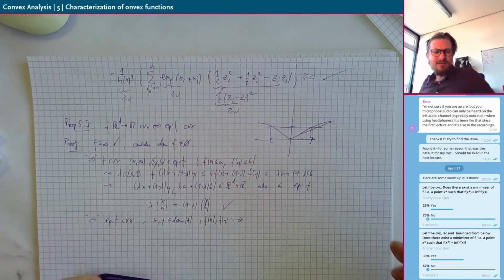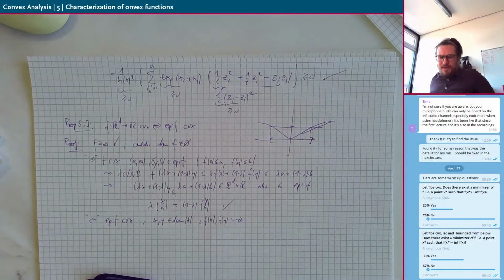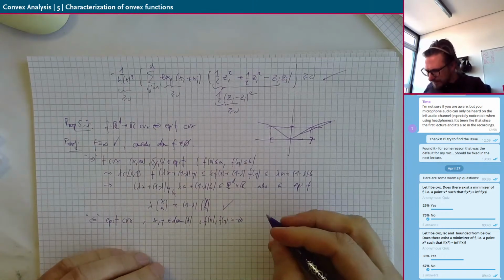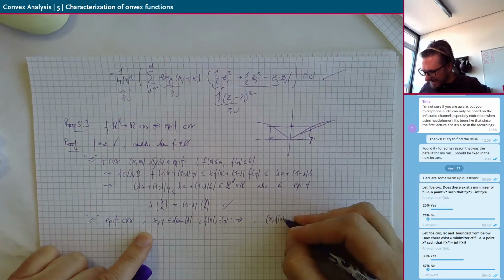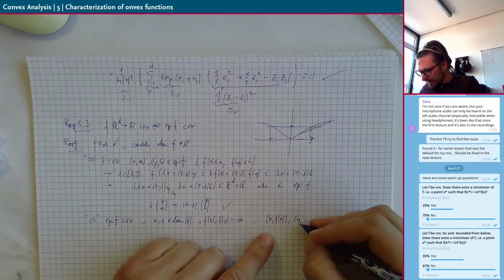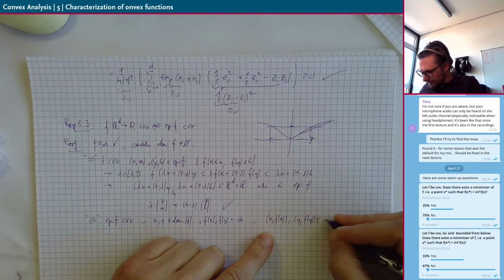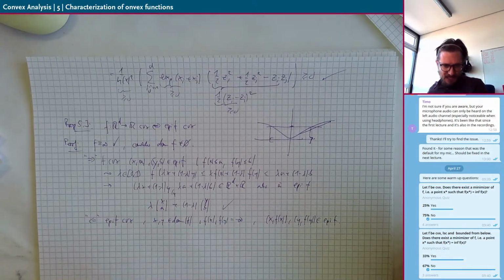Actually, we've seen that minus infinity is a very rare thing to happen for convex or lower semi-continuous functions. Anyway, what we know is that both the point x, f of x, and the point y, f of y, are in the epigraph.